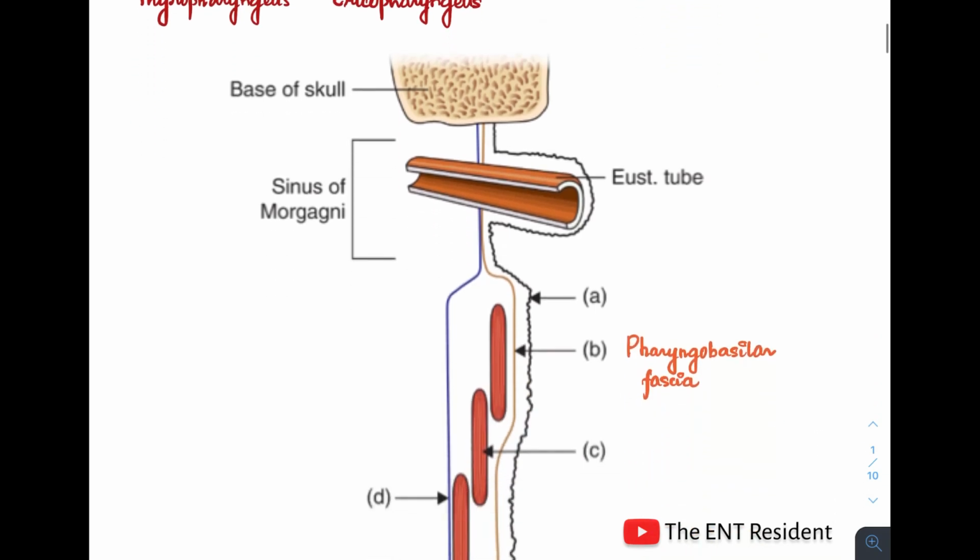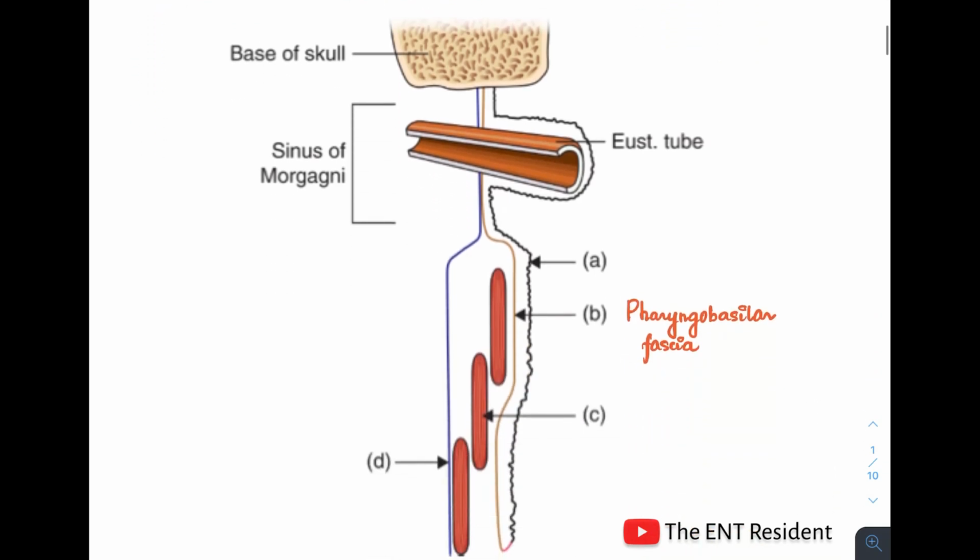Now, if you remember in my first video when I was talking about the pharyngeal wall structure, I told you about this layer, the pharyngobasilar fascia. Why was this layer very important? It was because the muscular layer does not extend to the superior most limit of the pharynx, which is basically the base of the skull.